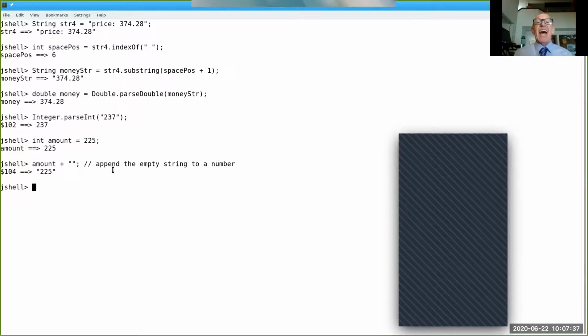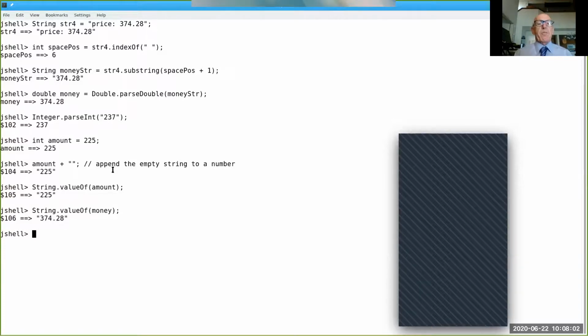I don't like this. The book thinks this is a wonderful thing to do. I think it's pretty ugly. What I'd rather say is string dot value of amount, and that'll do the conversion. So I can say string dot value of money, which is a double, and it'll convert it to a string for me.